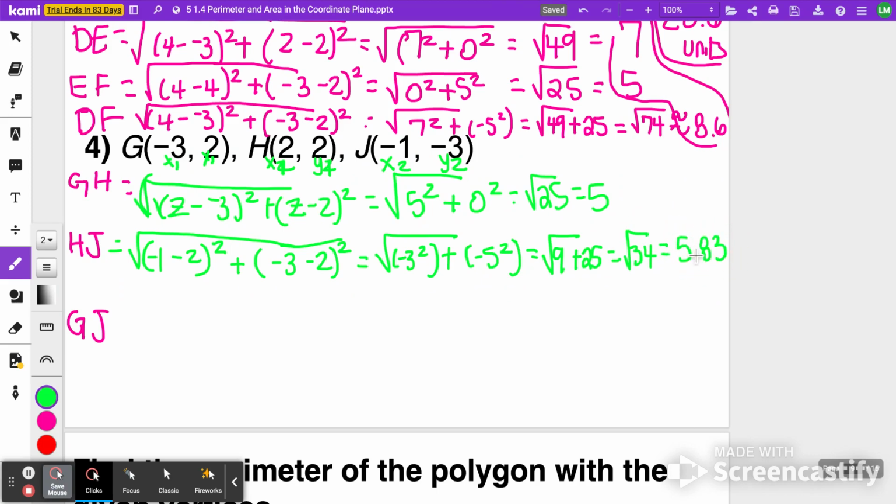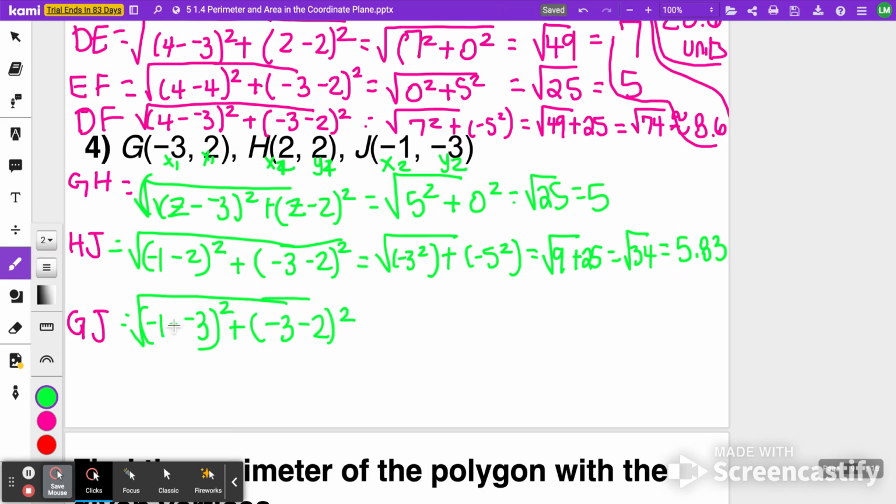We'll stop right there. And then GJ, again, we'll do G x1, y1, J x2, y2. So x2 minus x1 would be negative 1 minus negative 3 squared plus negative 3 minus 2 squared for my y2 minus y1.